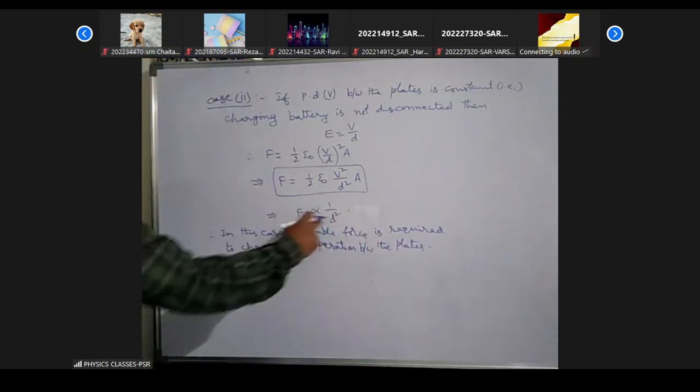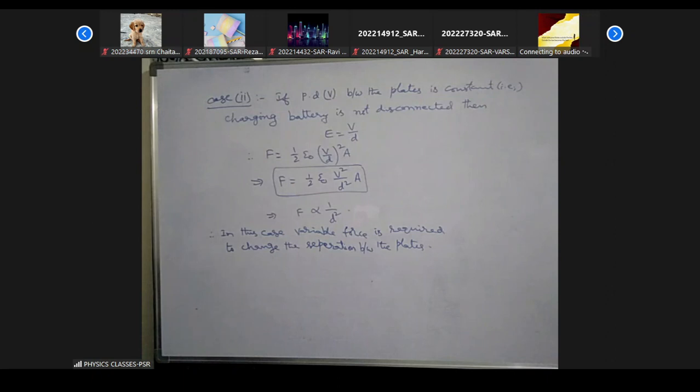Why? Because F depends upon distance. F is directly proportional to 1 by D square. If D increases, force on the plates decreases.